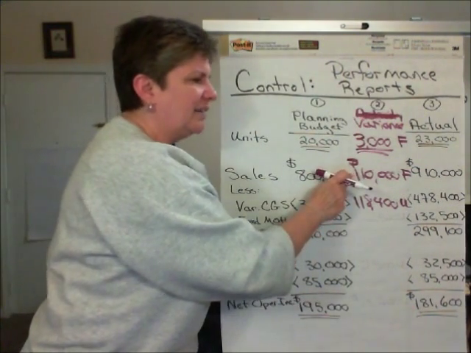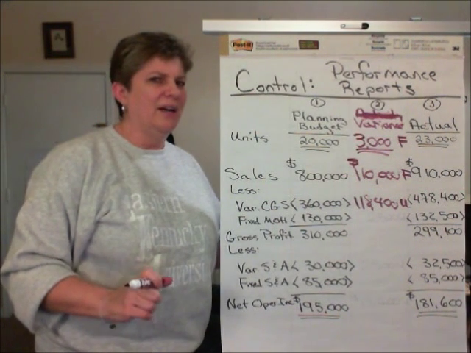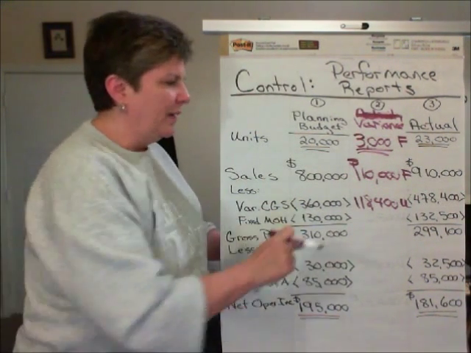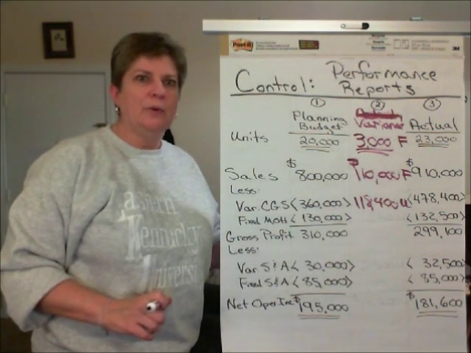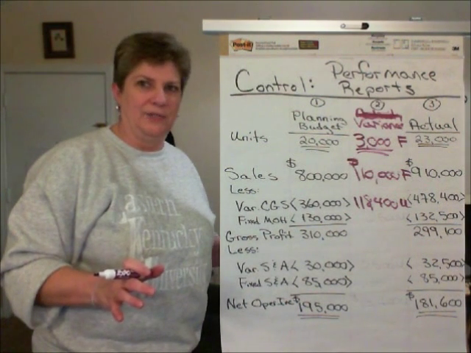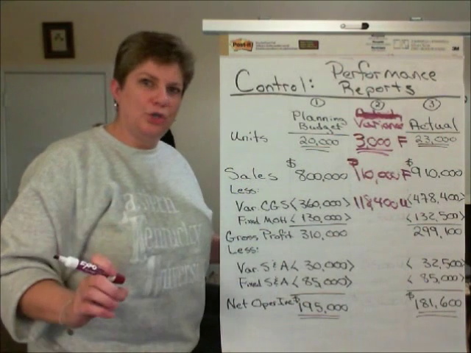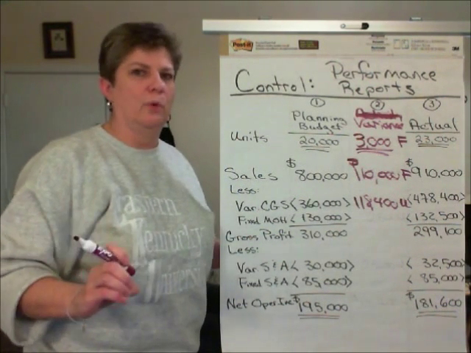So, like the sales variance up here, we need a further analysis. We can't go yelling at production and saying, man, your costs are way out of control, until we do further analysis. So, caution with static budgets and static budget performance reports.